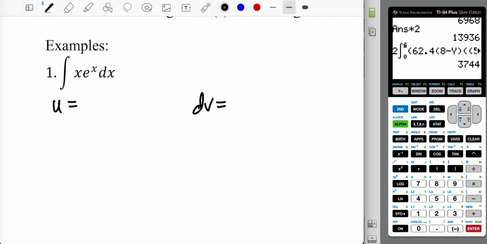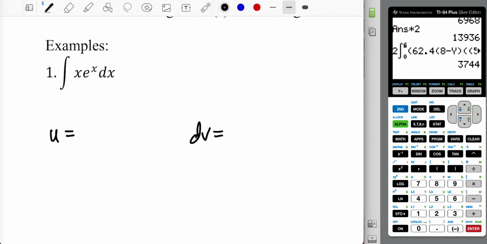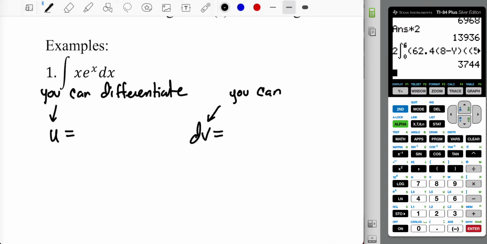The u should be something that you can differentiate. dv should be something you can integrate, and I'll show you why in a minute. You should be able to integrate whatever you select as dv, and you should be able to differentiate whatever you select as u.